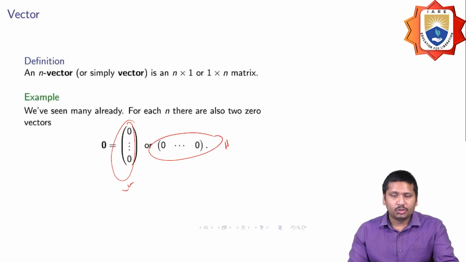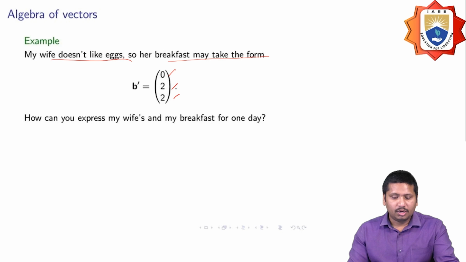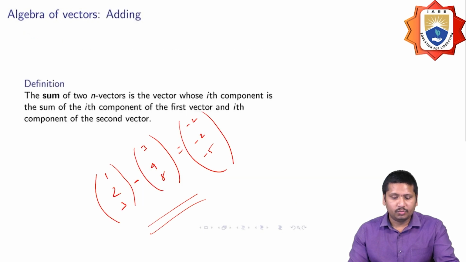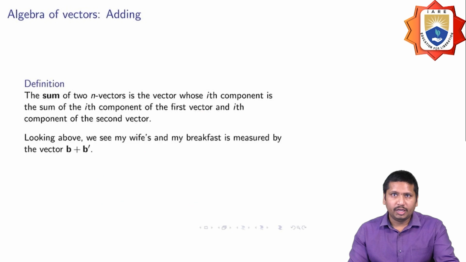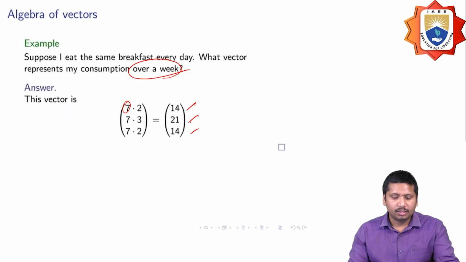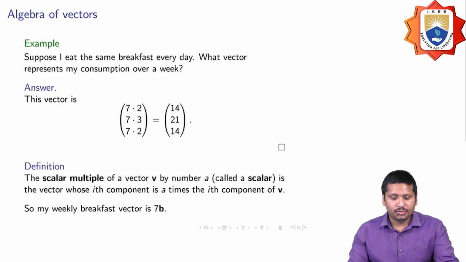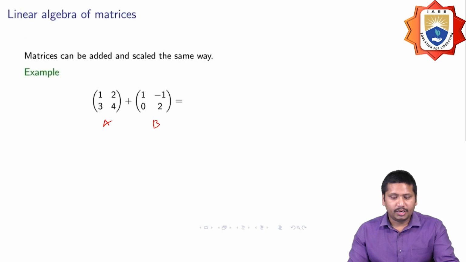I can show it in this form. In the algebra of vectors, simply by adding the components, I get the resultant vector, and this is the addition. In the algebra of vectors, we can multiply by a scalar value to get the scaled vector also. And in the algebra of matrices, we add two matrices and multiply by a scalar value.